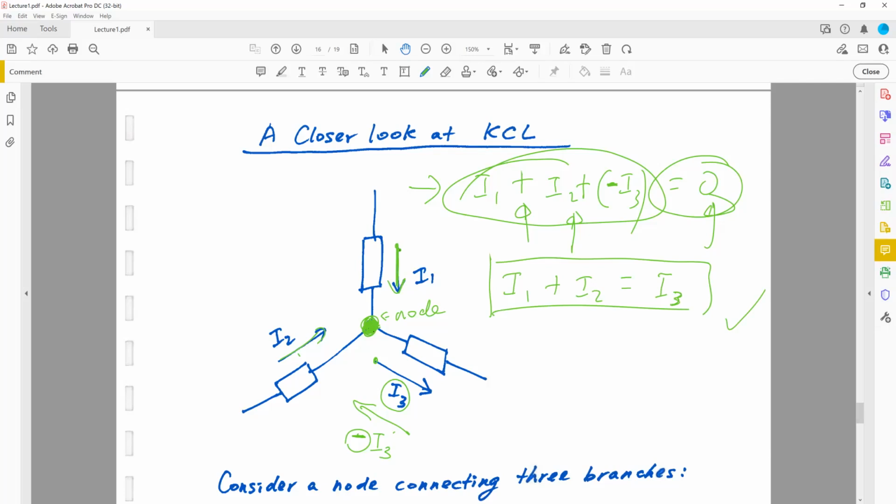But how do we interpret this equation, since we deviate slightly from the algebraic sum definition? Notice that I1 plus I2 is on one side, I3 on the other side. I1 plus I2 are the currents flowing into this node, and I3 is the current that flows out.